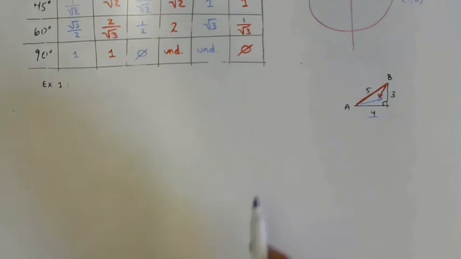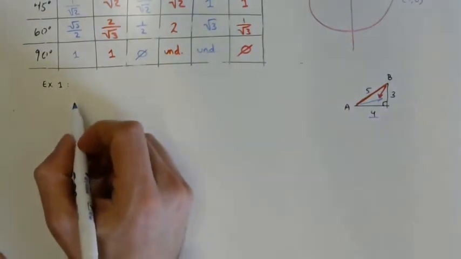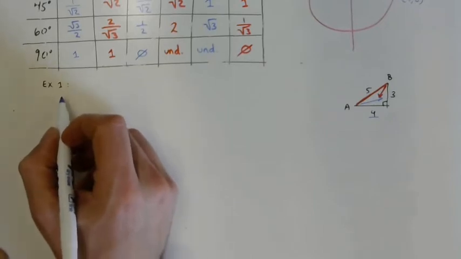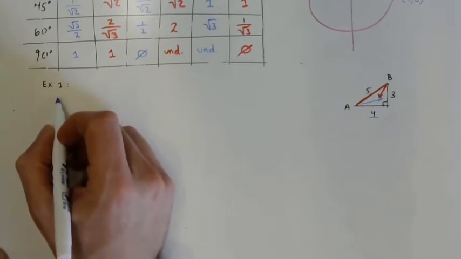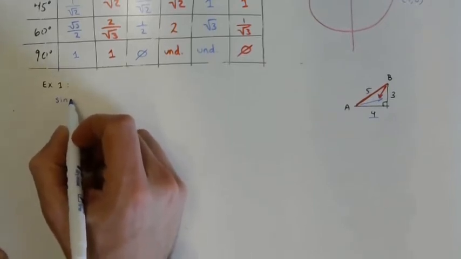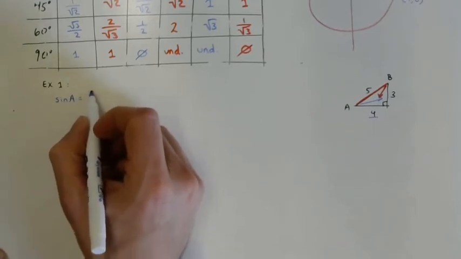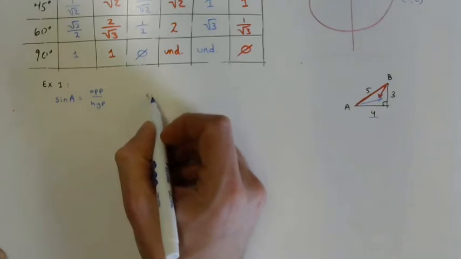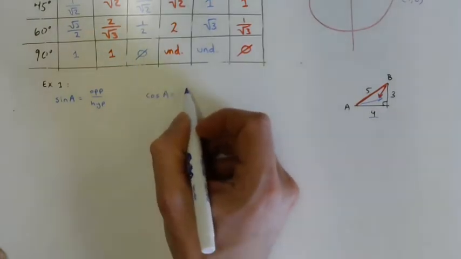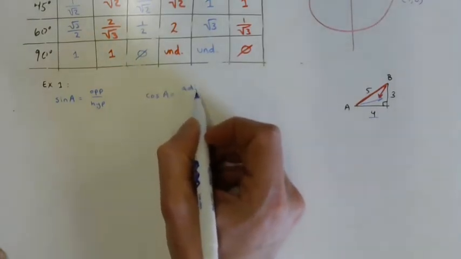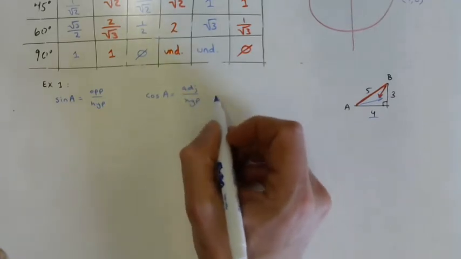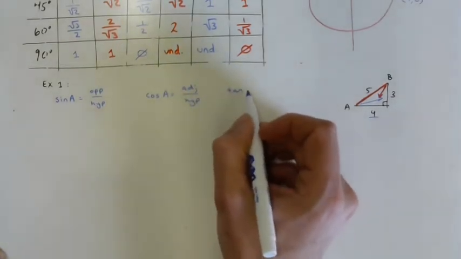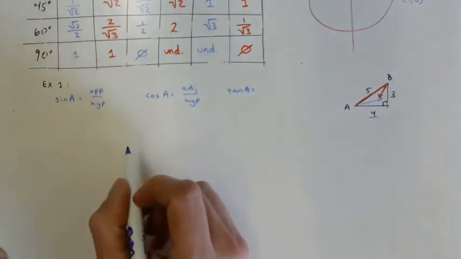I'm going to just do it for angle A, and then you can do it for angle B on your own time. All I need to remember is my primary trigonometric ratios. Sine of A is op over hyp. The cosine of A is adjacent over hypotenuse. The tangent of A is, I can think of this a couple different ways.